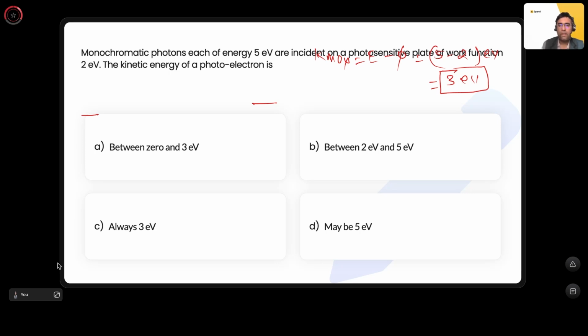Now for any photoelectron, its kinetic energy can be anything between 0 and 3 electron volt. This is the maximum. So it can have 0, 0.5, 1, 1.5, whatever, but cannot exceed 3. So all the photoelectrons will have energy in this range only.